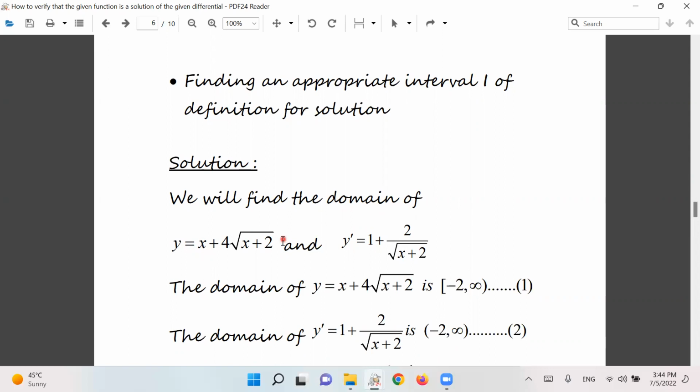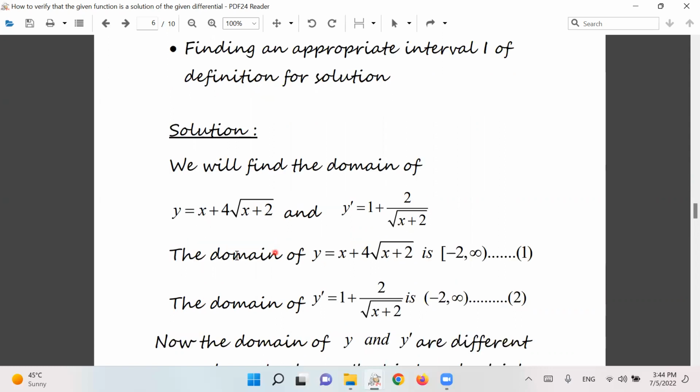Okay, so we can see it over here. What will be the domain of y? We have to check what values of x we can substitute here so that we get a real valued function, so that we must not get any complex number or any undefined function value.